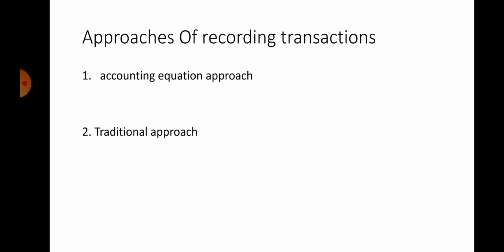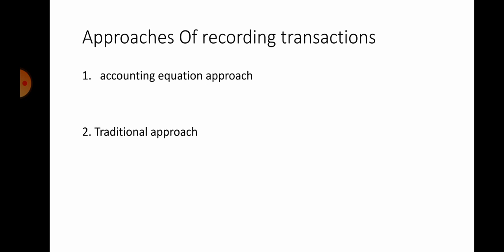Capital plus liability is equal to assets. In that, we have to find out some missing items. For example, sometimes in the sum, assets and liabilities will be given, and we will be finding out the capital. Likewise, we have completed the accounting equation approach.